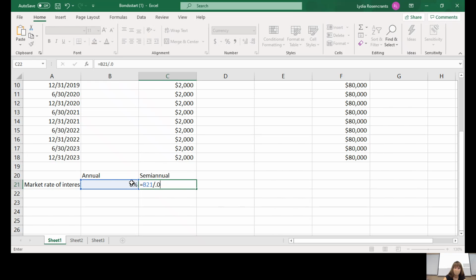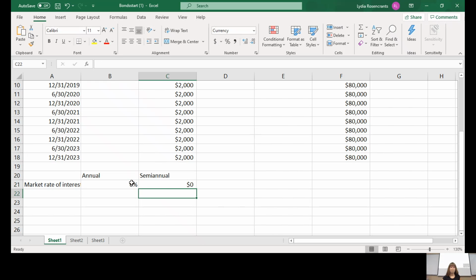Sorry, 6 divided by 2. There. Okay, so the formula is B21 divided by 2. Now, if you're not used to doing formatting in Excel, let me show you what you would do here to make that a percentage.